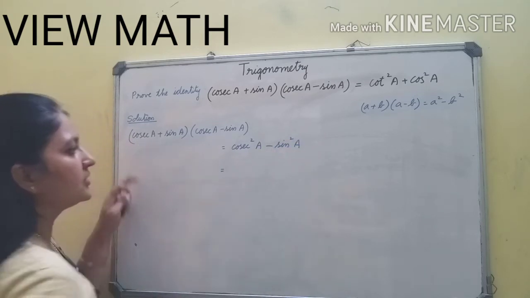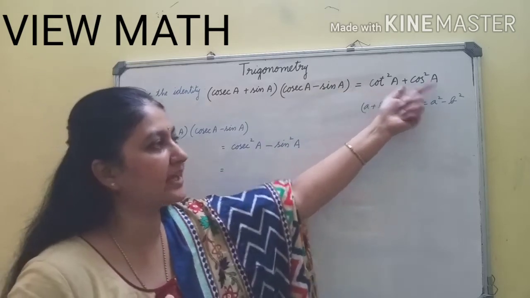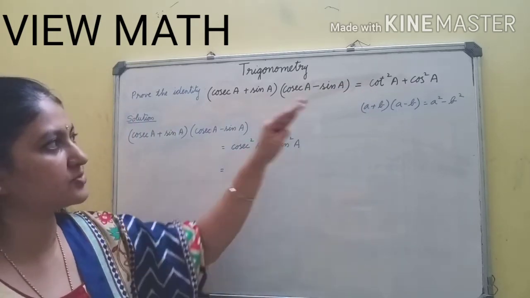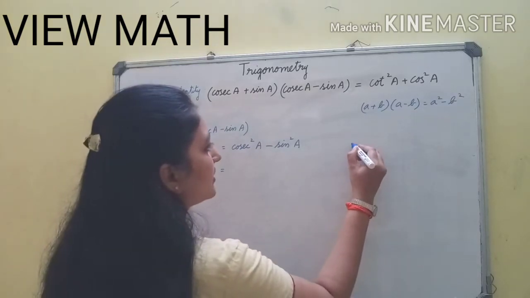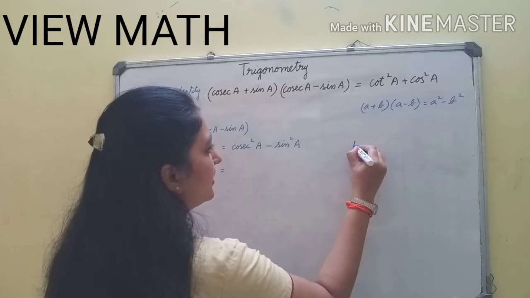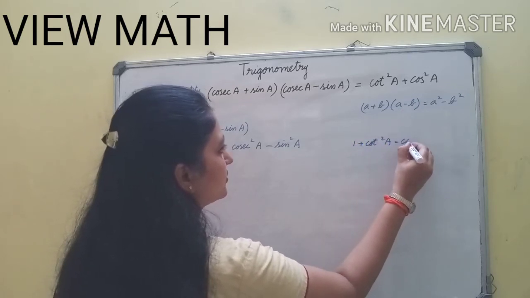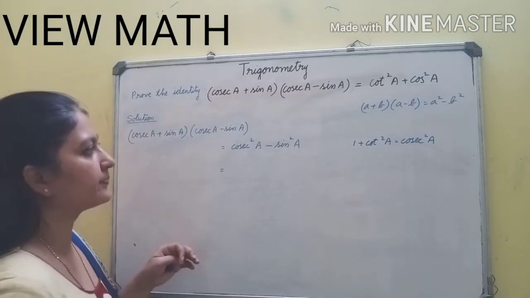Now I have to bring in terms of cot and cos. I have to change this cosecant and sine in terms of cot and cos. You know the formula 1 plus cot square A is equal to cosecant square A, right?